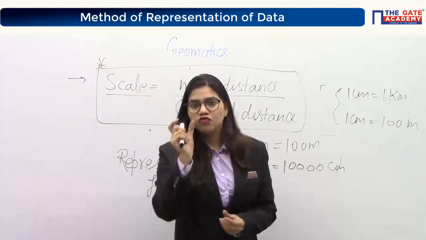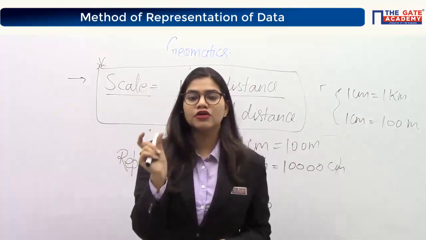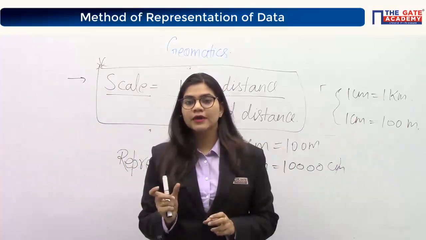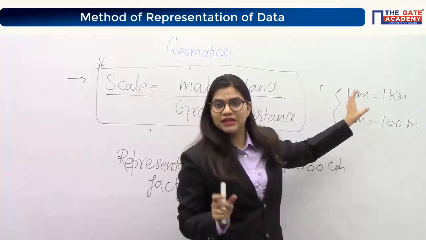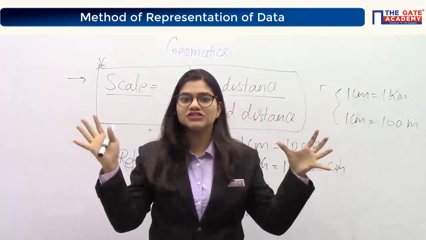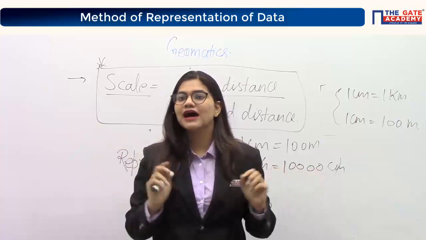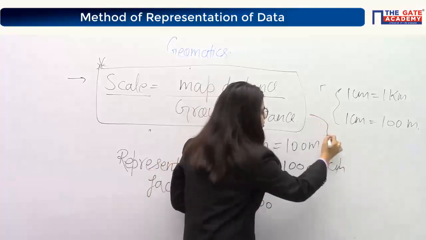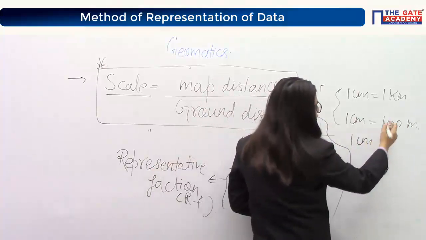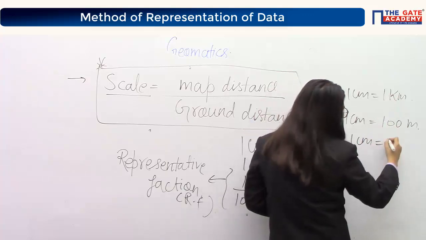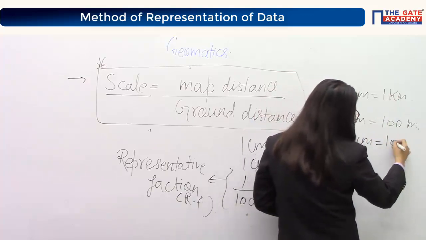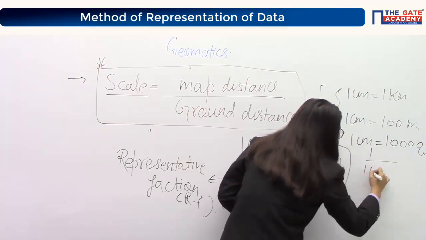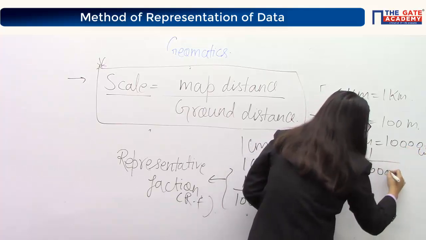Just imagine 1 centimeter on map is representing 1 kilometer. So this is your smaller scale. You assumed a small value for a large thing. If you have any confusion, you can also do it in such a way. If I convert 1 kilometer into centimeter, it will be 1,00,000, so 1 divided by 1,00,000.